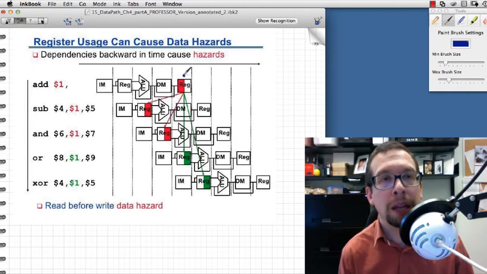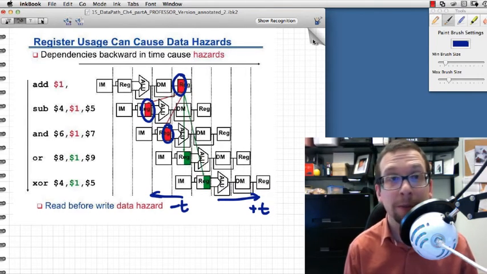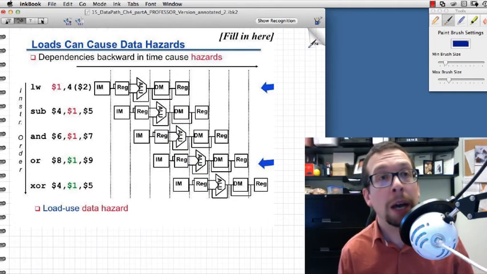However, if you were doing something with a register here and you needed that same information over here, that's back in time. That's negative time. You can't do that because time only moves forward, positive time. So that would be a hazard because we can't time travel.